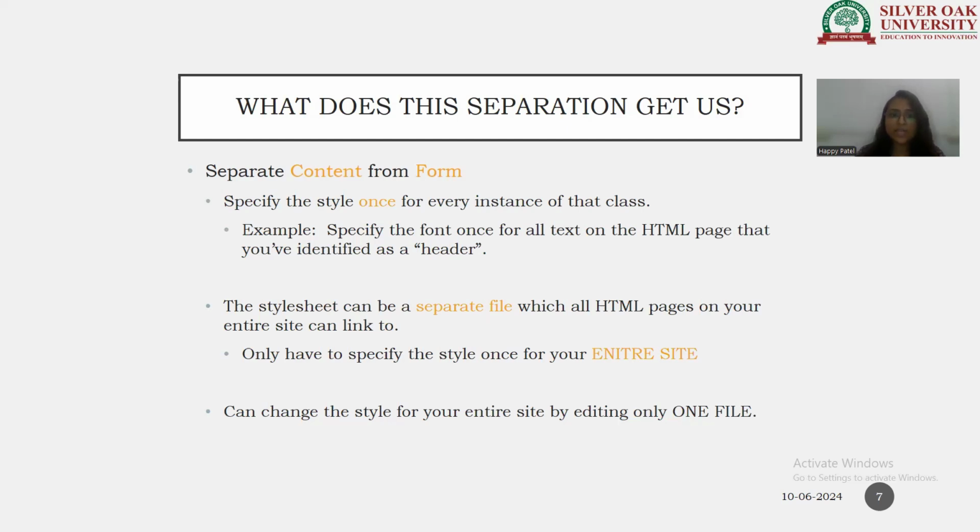Specify the style once for every instance of that class, specify the font once for all the text on the HTML pages that you have identified as a header. The style sheet can be a separate file which all HTML pages on your entire site can link to. You only have to specify the style once for your entire site.